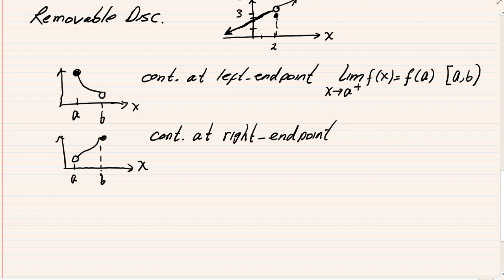Okay, and how do we write this one? This time we're going to say that the limit as x approaches b from the left of f of x is going to be f at b, over the half open interval from a to b. Okay, so there we have it.